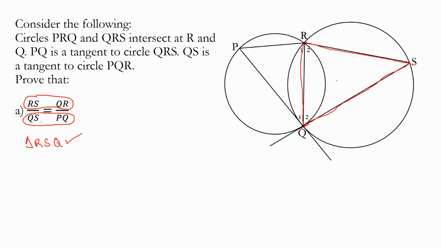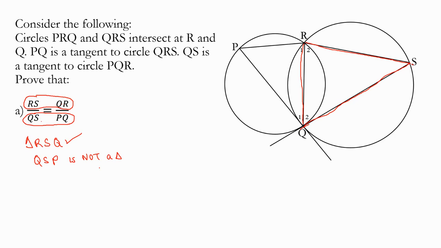QS, then P. Oh, this doesn't form a triangle. So QSP is not a triangle, and we can't use that. So we go to the next step, another way of checking.